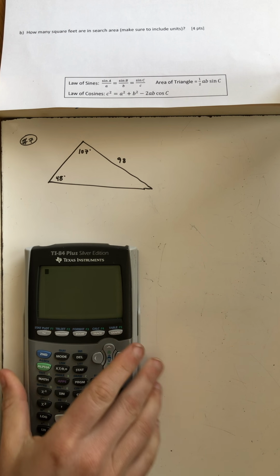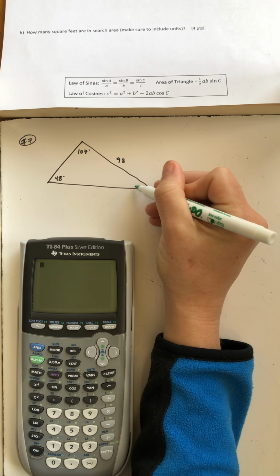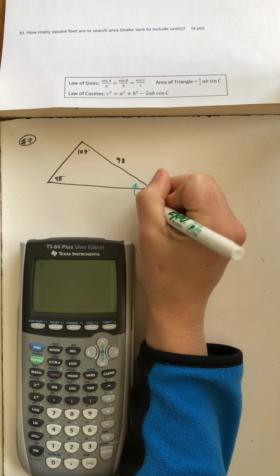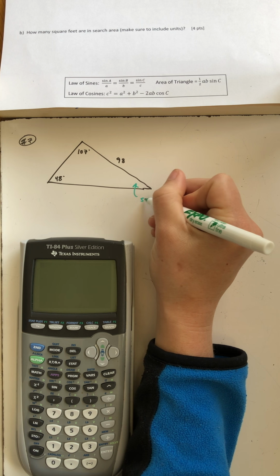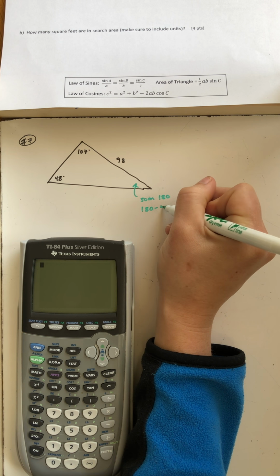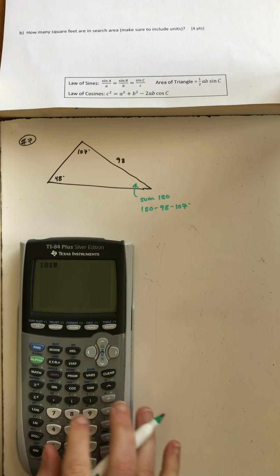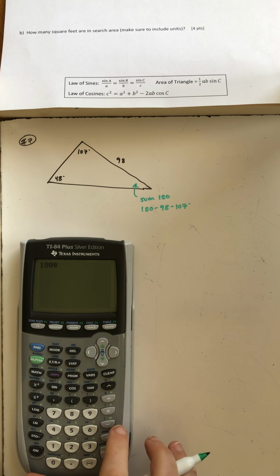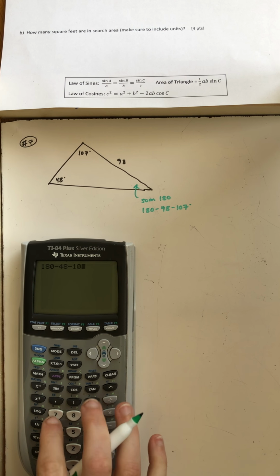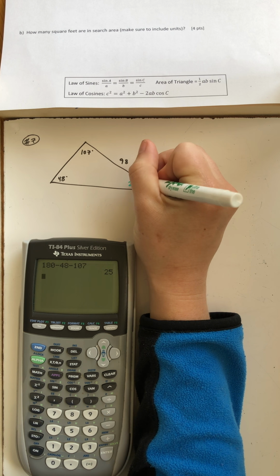So for this triangle, I notice that I'm given 2 of the angles. Well, I know that this 3rd angle has to make all the angles sum to 180 degrees. So I'm going to do 180 minus 48 minus 107, which equals 25 degrees.